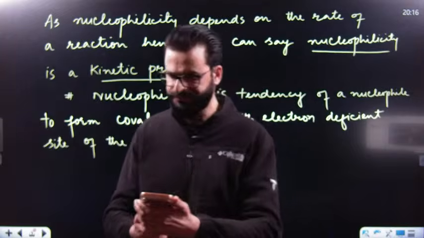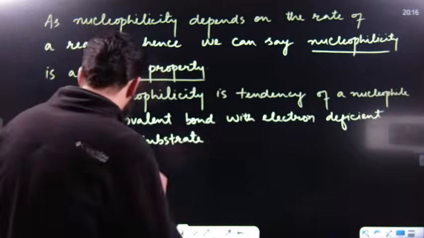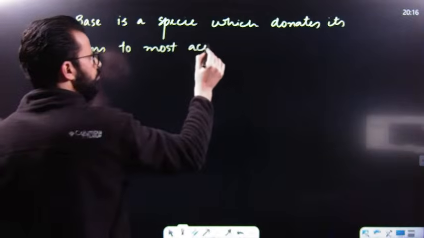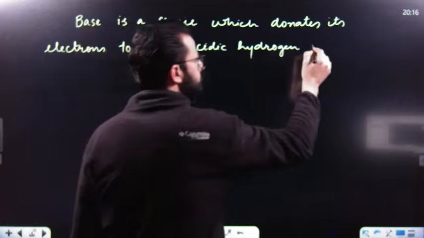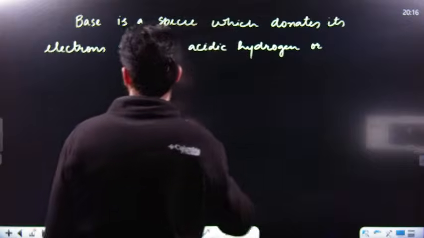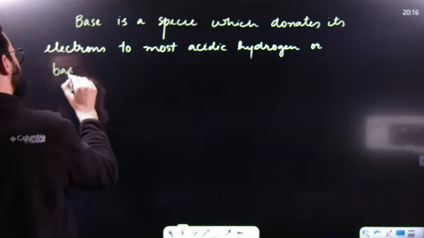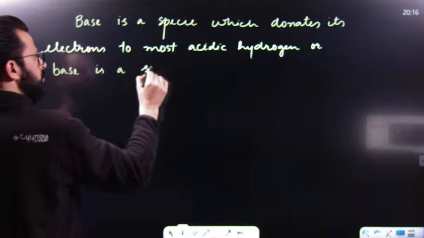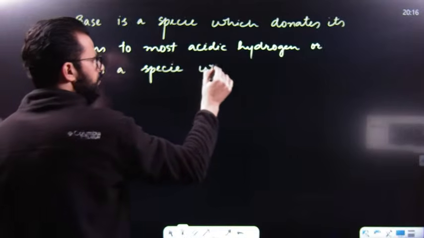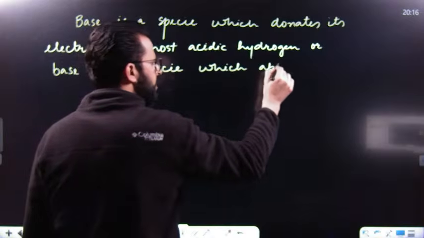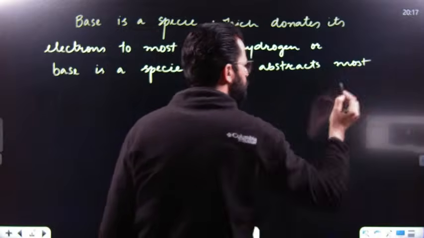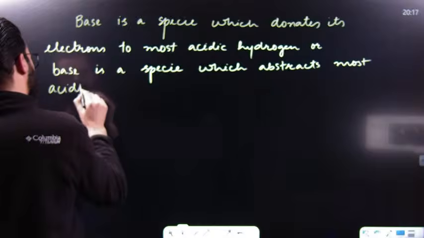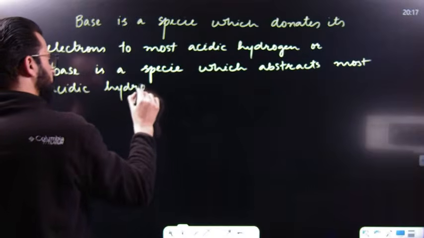Okay, great. Now, the next thing is, what is a base actually? Now, have a look. A base is a species which abstracts the most acidic hydrogen of the substrate.